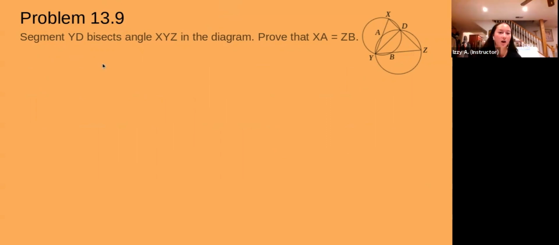Okay, so for problem 13.9, segment YD bisects angle XYZ in the diagram, and we want to prove that XA is equal to ZB.